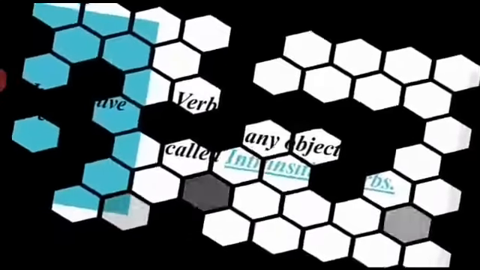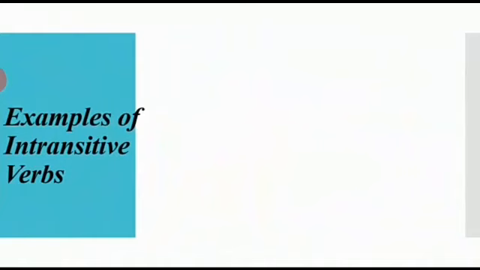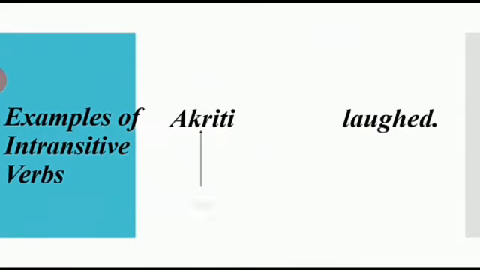Let us know about intransitive verbs. Verbs that make sense without any object are called intransitive verbs. We don't require any object here. For an example, Akriti laughed. Here, Akriti is the subject and laughed is the verb.